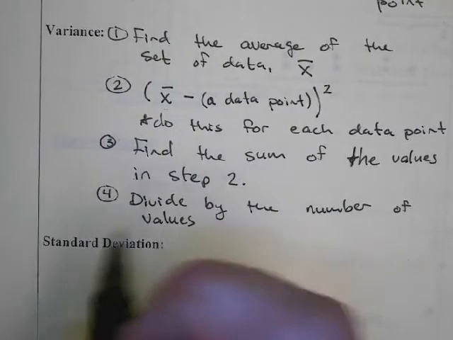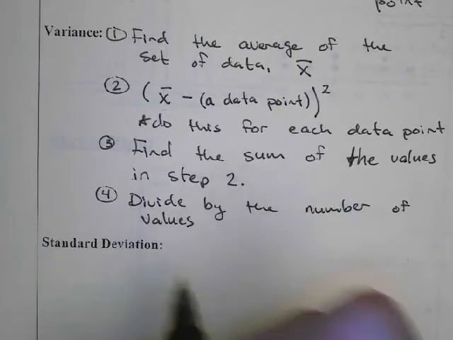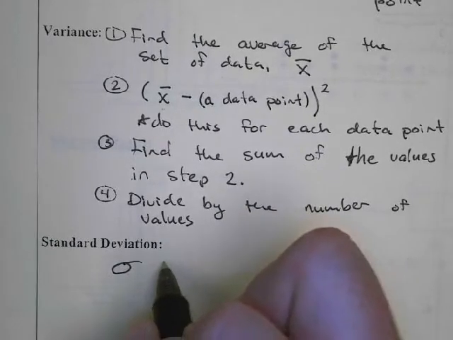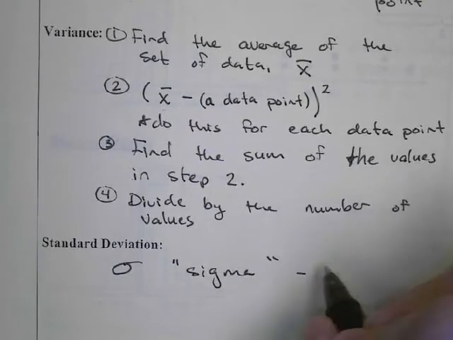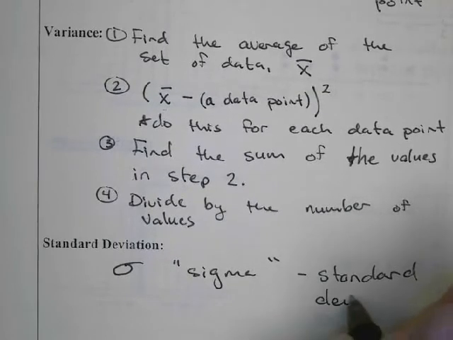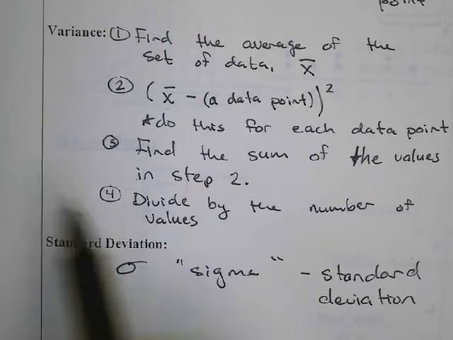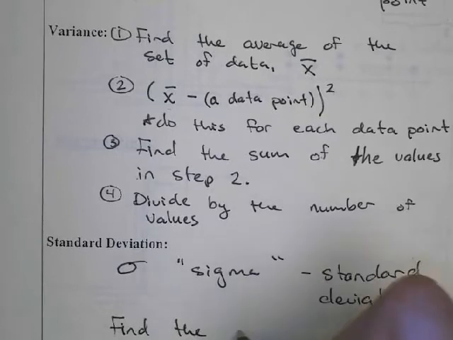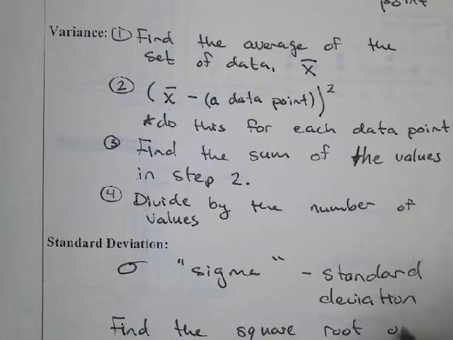Now we have standard deviation, which we'll denote as sigma, and the way we find standard deviation is we just take the square root of the variance.